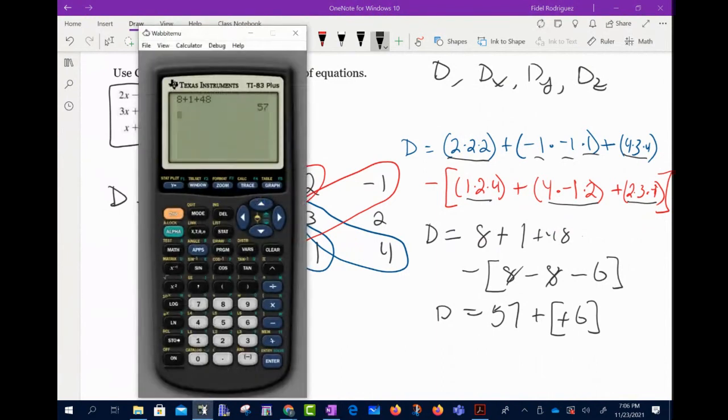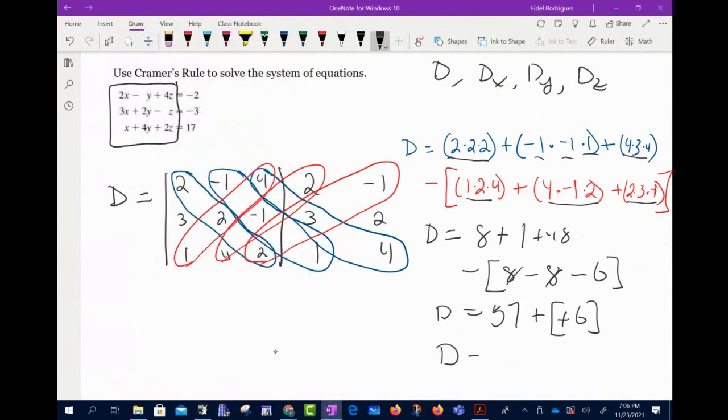So what's 57 plus 6? I'm coming up with a 63. Okay. So there's my answer for the first part. We found this one. Okay. So look, y'all, we found one of those four. We still got to find three more. Okay. I'm going to show you how I'm going to do that right now.